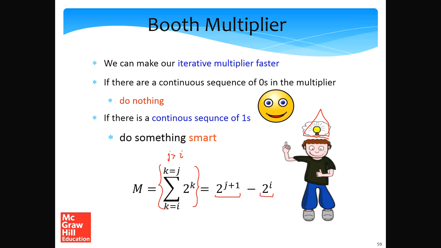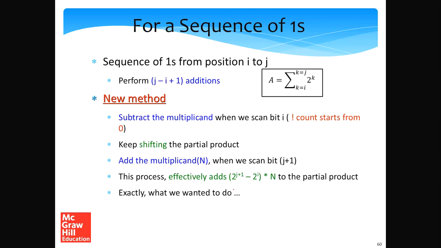So this means that for a sequence of ones from position i to j, we typically perform j minus i additions, and we just keep on performing additions.